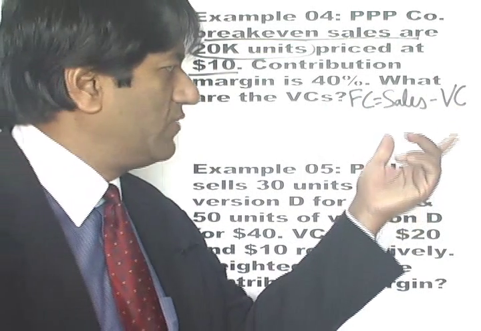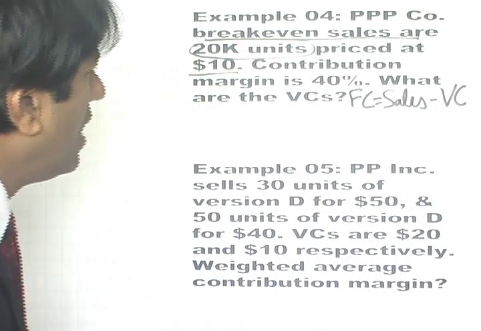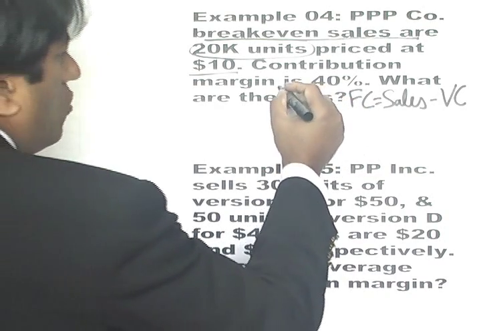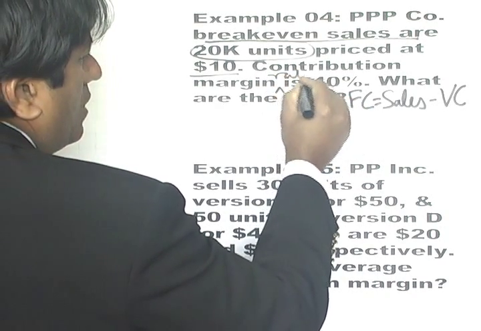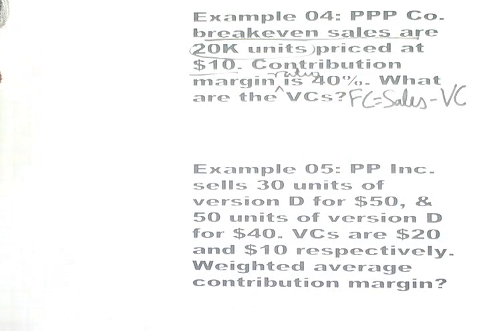And what is sales minus variable costs also known as? Well, it's also known as contribution margin. And the contribution margin ratio is 40%.